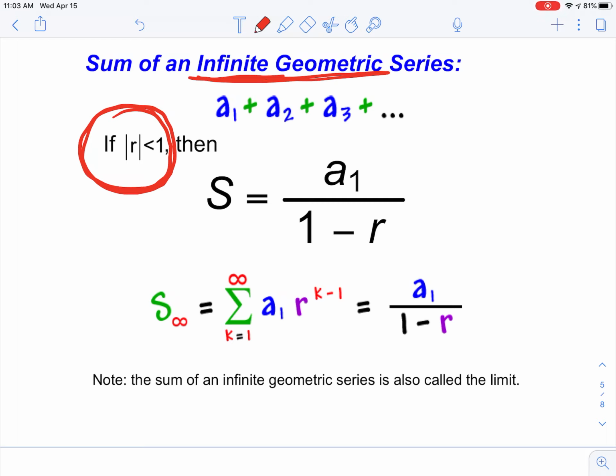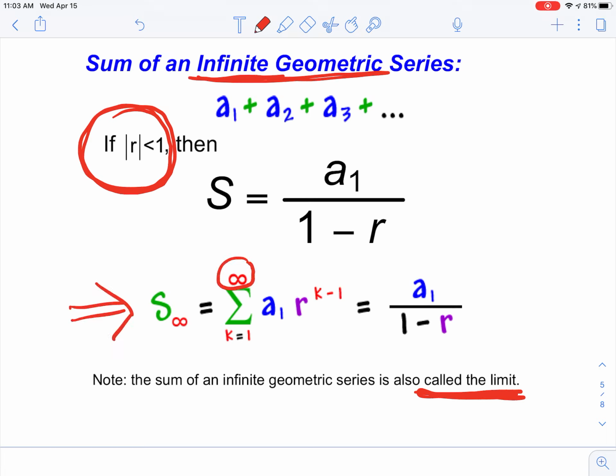If it is not less than 1, then your sum does not exist. It does not exist. This is also called a limit when we get to pre-calculus. So the sum is your first term all over 1 minus r.